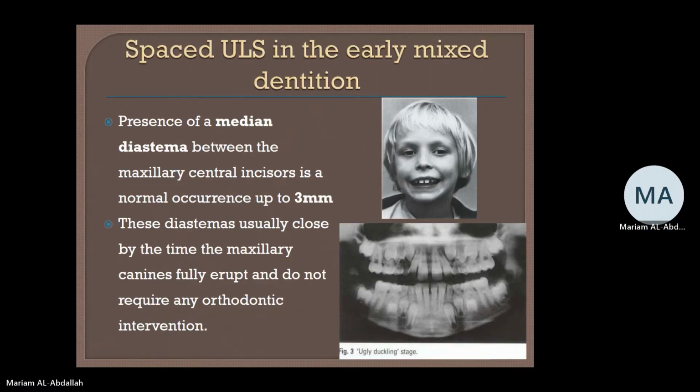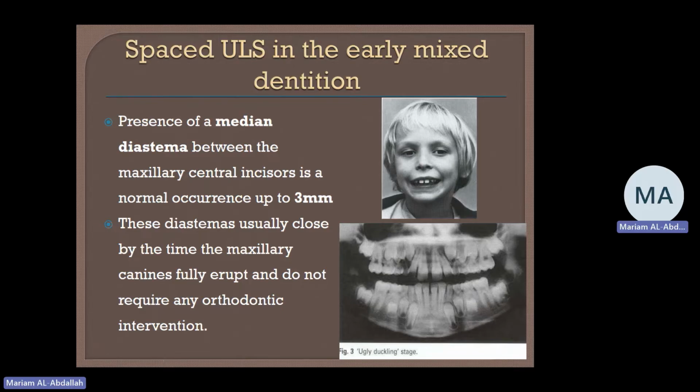So during the early mixed dentition, in the upper arch in specific, this is what we can see through this OPG. You can see here that we have the permanent upper incisors, the permanent lower incisors, and the permanent first molars erupting. So this is early mixed dentition.